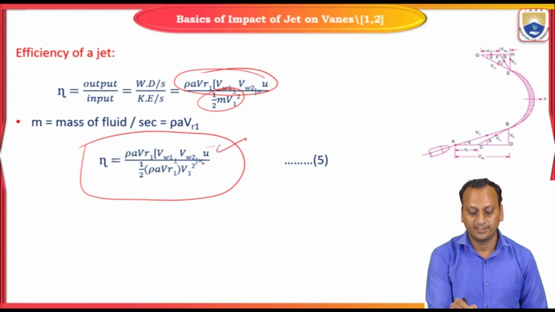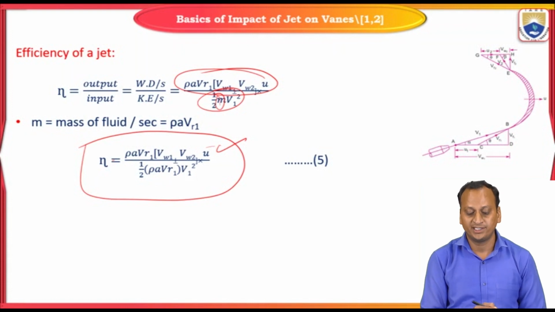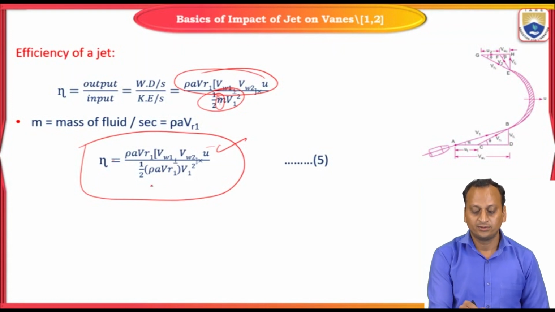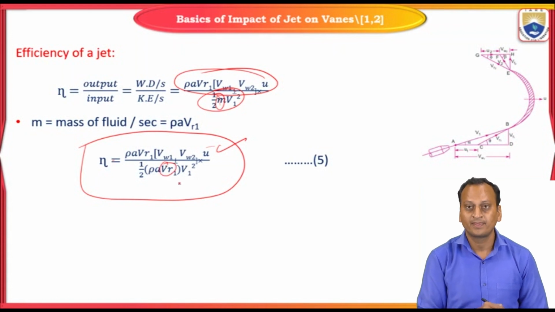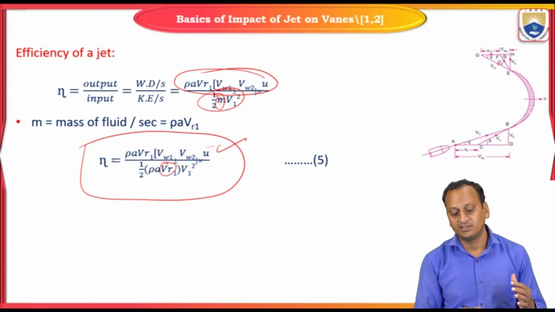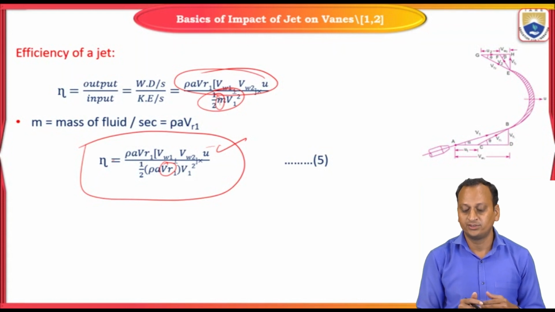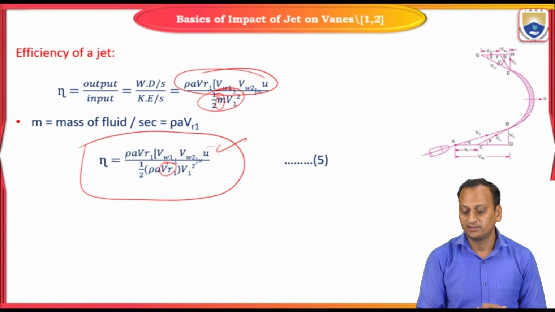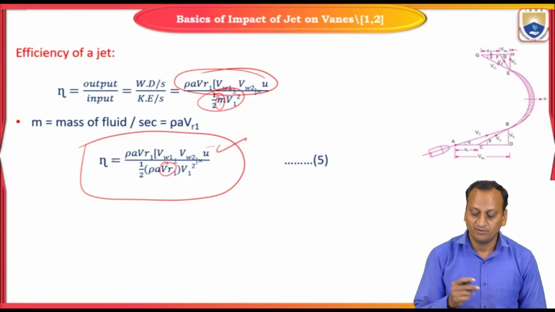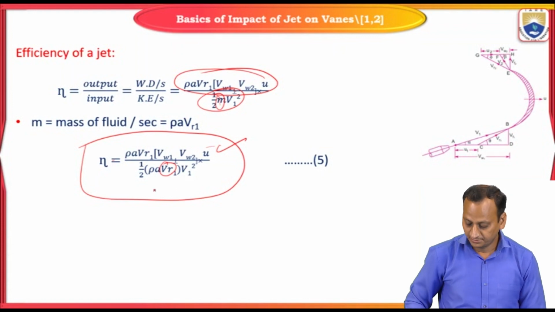Output is this one, and input is half m v square, where m can be written as rho A VR1, since m is nothing but density into volume. Why VR1 and not V1? VR1 is responsible with which the jet is striking, because due to V1 there will be U1. The relationship between V1 and U1 gives a relative velocity VR1 with which the jet strikes the vane. Therefore, VR1 will be considered.